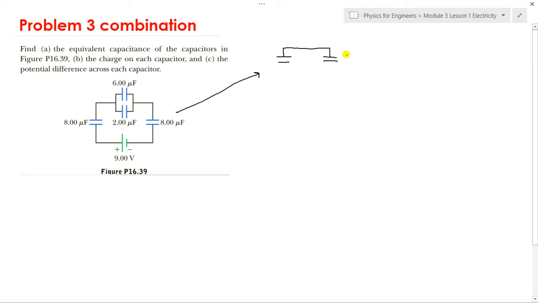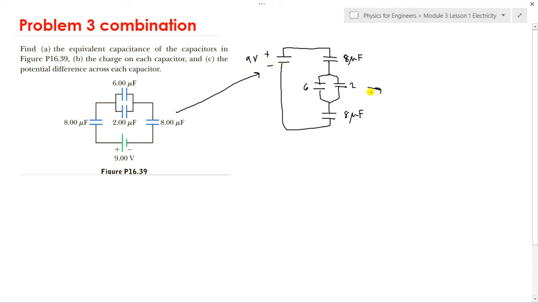This is the first capacitor here, 8 microfarad. Then next there is a branch. So we have here 6 and 2. Then lastly there is another 8 microfarad until it returns to the power source. Plus or minus, this is 9 volts.